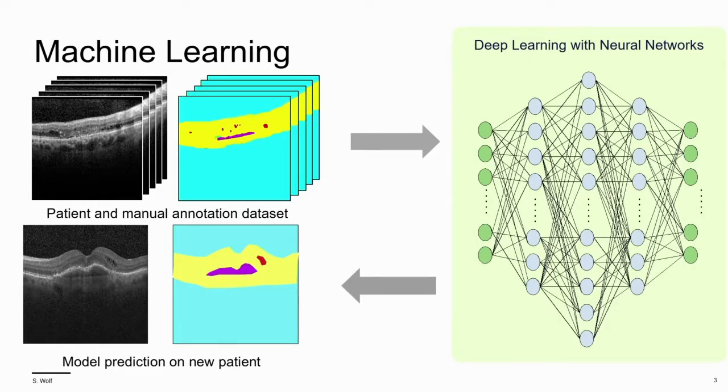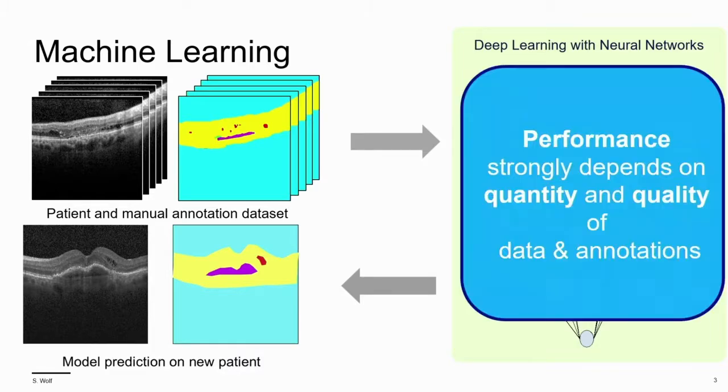But of course, this requires much more data and many more images to be annotated to train these deep learning networks. And we have to keep in mind that the performance of the neural network strongly depends on the quantity and quality of the data we put in for training and the annotations we are using for this.